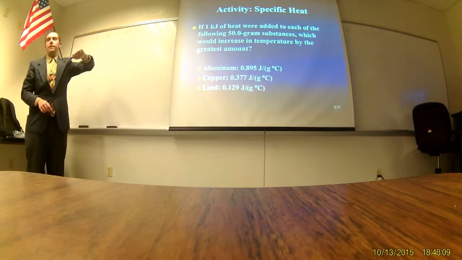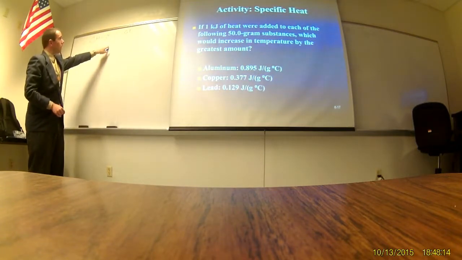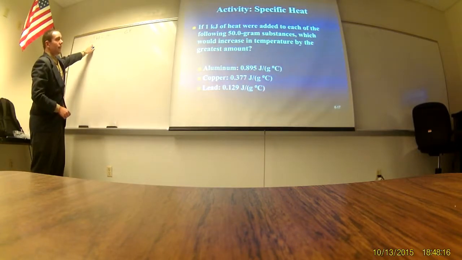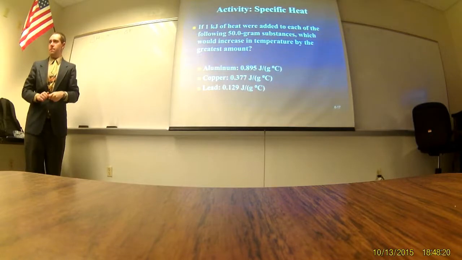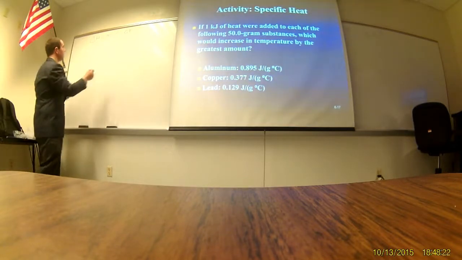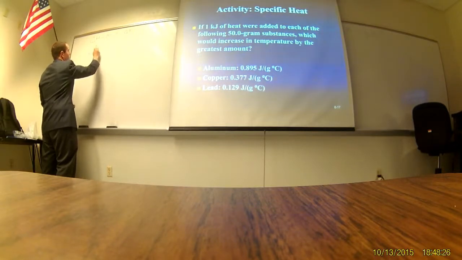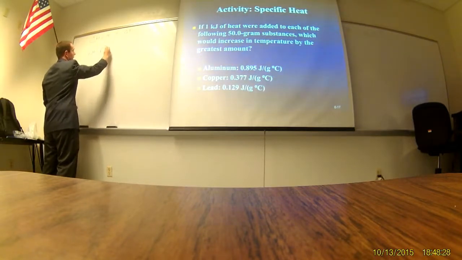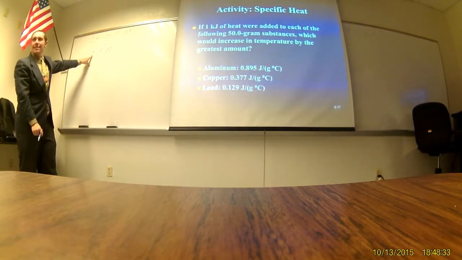They're all 50 grams, right? So M is the same. Delta H is the same, right? So if we just rewrite this, get rid of our M, C delta T, and delta H has to stay the same.